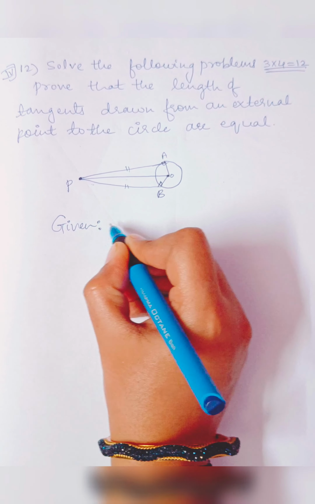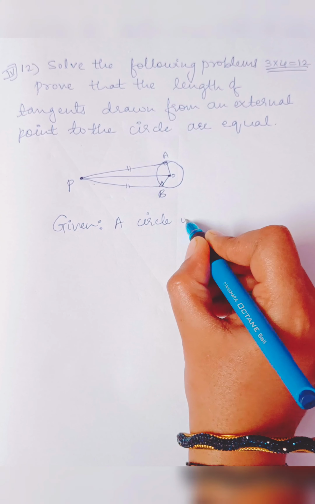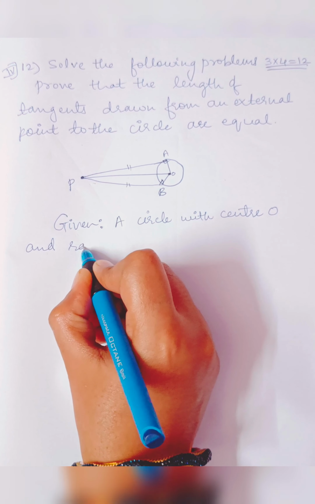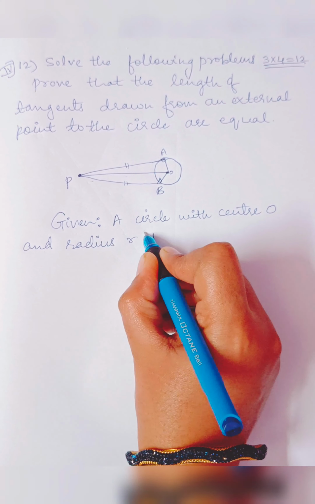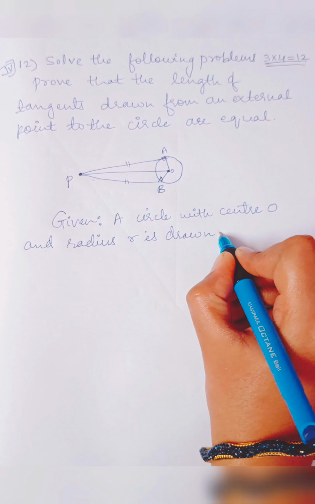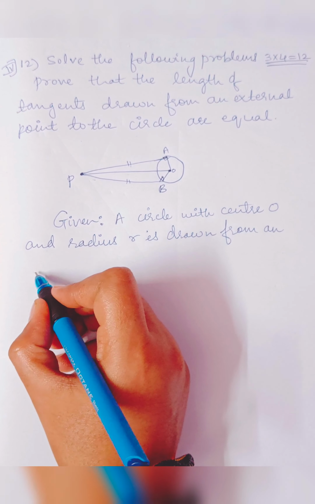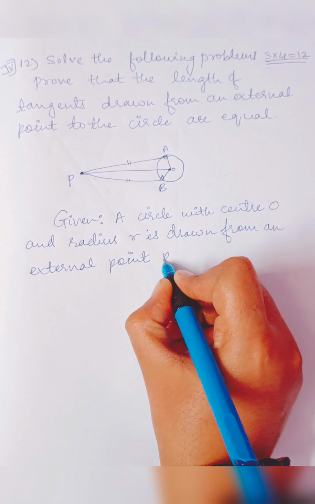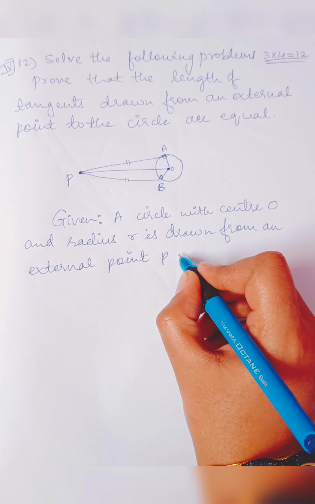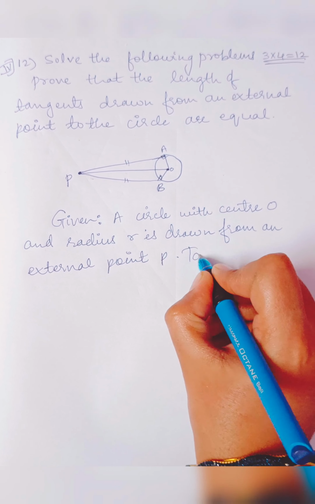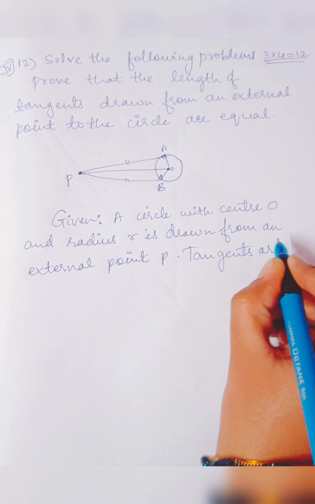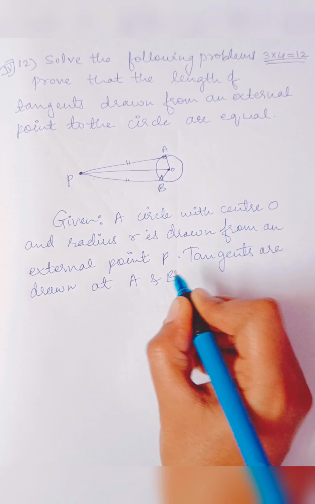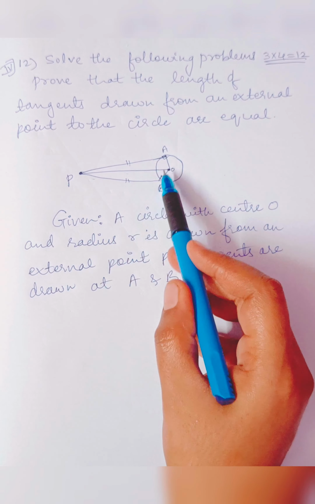Given is a circle with center O and radius R, drawn from an external point P. Tangents are drawn at A and B. Okay, so these are the two tangents drawn at A and B.